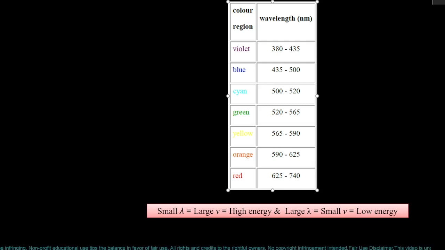This means if given an electromagnetic spectrum and you are asked to indicate on this spectrum where red light or violet light occurs, that is, is it closer to a shorter wavelength or closer to a longer wavelength, you are expected to know where it occurs.